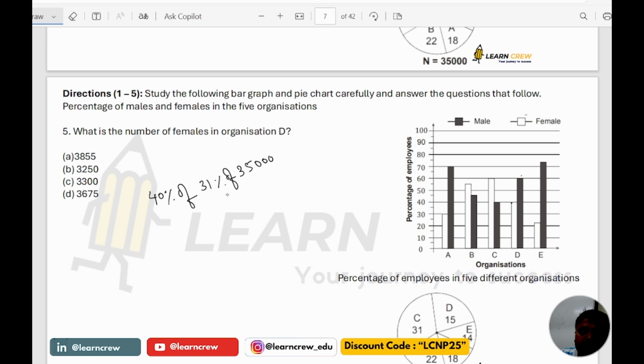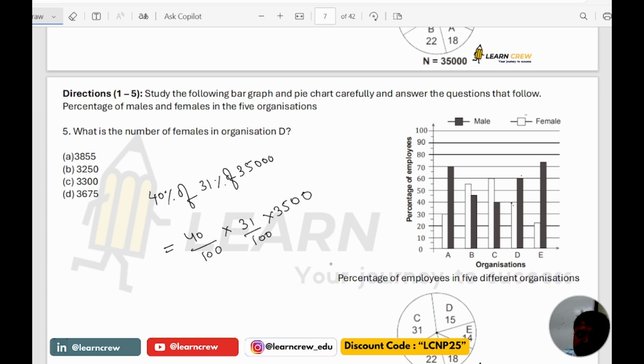Okay, so now how much are you going to get? 40% means 40 by 100, 31% means 31 by 100, and then into 35,000.